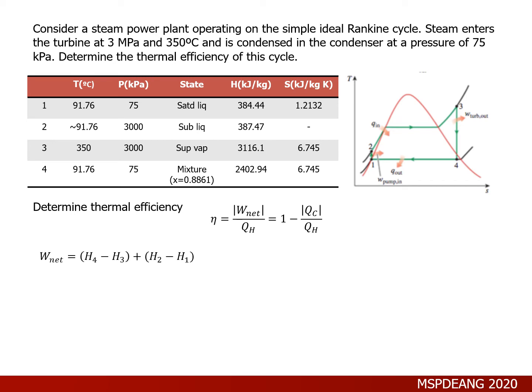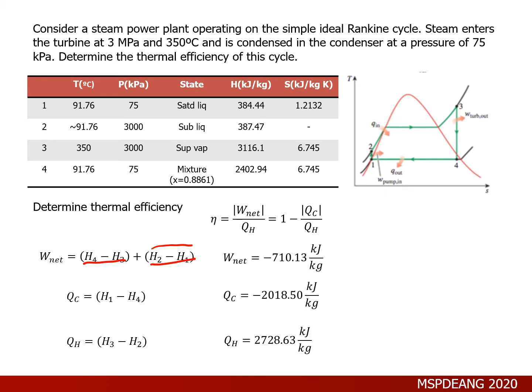The net work is equal to the work produced by the turbine plus the work required by our pump, and the work of the pump is significantly less compared to the work output of the turbine. The rate of heat removal, QC, from the energy balance of the condenser, is H1 minus H4, and QH is equal to H3 minus H2.